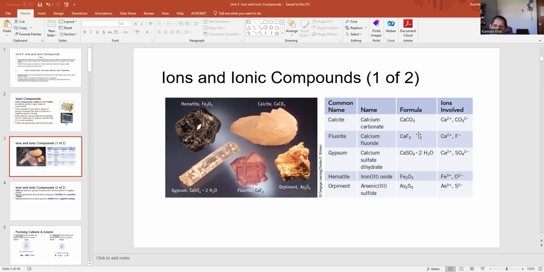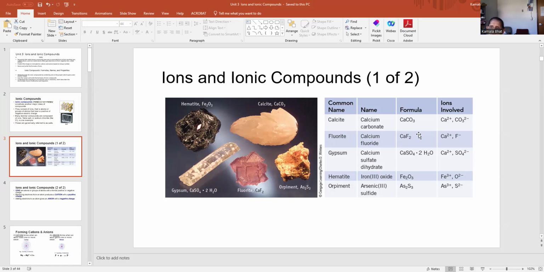Gypsum, calcium sulfate dihydrate. So calcium sulfate, and there is a dot in between indicating that the water molecule is in between the two compounds, and there are 2 water molecules. Therefore, we name it as dihydrate. Calcium 2+ and SO4 2-.